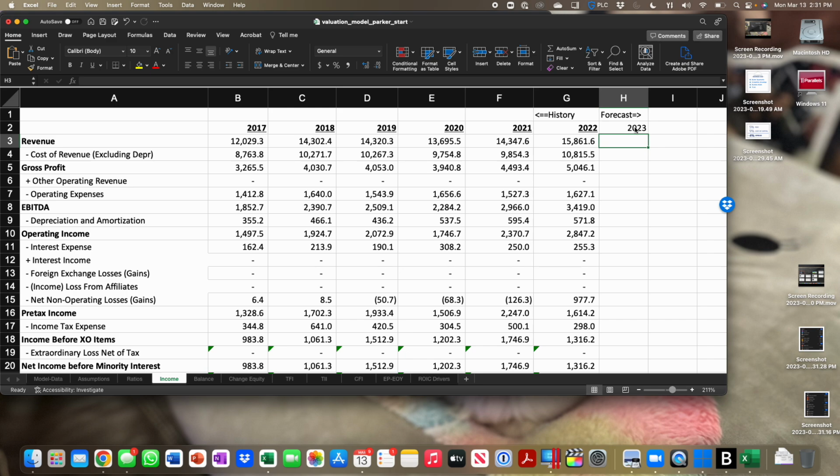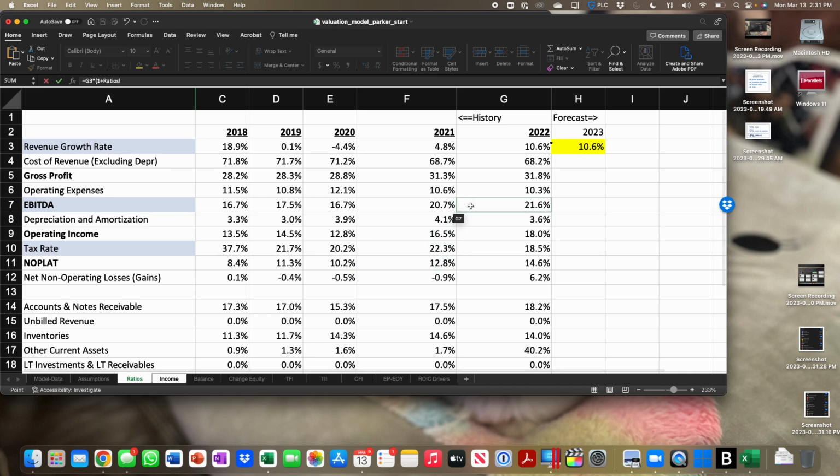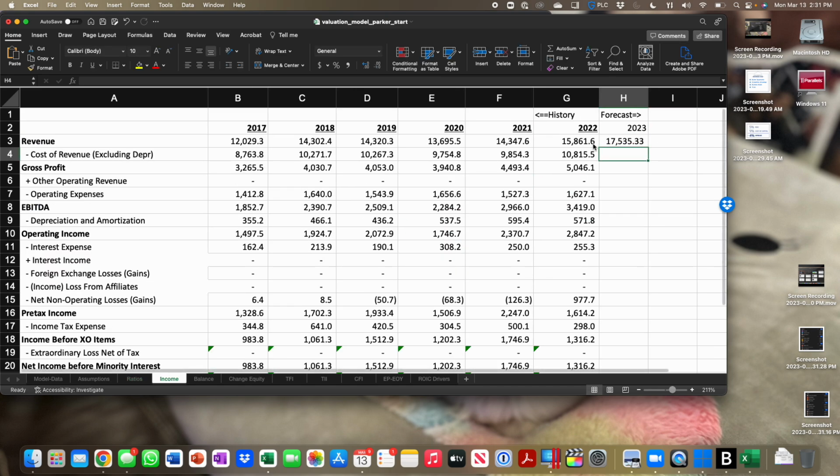For 2023 revenue in dollars equals 2022 revenue times left parentheses 1 plus, from the ratios, the revenue growth rate, and parentheses. So if they grow another 10.6%, next year that would grow to 17,535.3 million. Okay? The ratio creates the forecast.